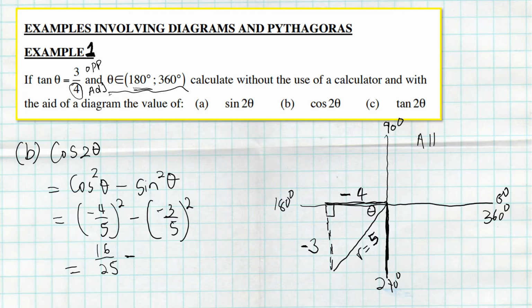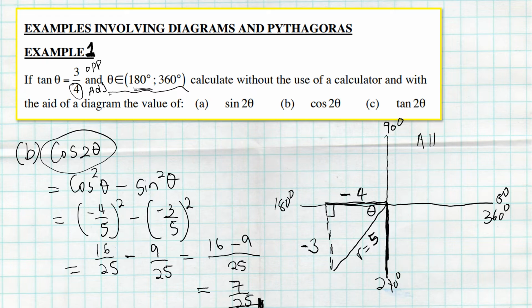Minus 3 squared is 9. 5 squared is going to be what? 25, right? So if we take the lowest common denominator, 25, we'll be left with 16 minus what? Minus 9, right? So 16 minus 9 is what? It's 7 divided by 25. So that will be the final answer for our cos 2 theta. Can you see? Okay, let's go to C.